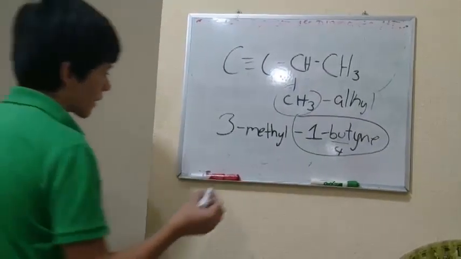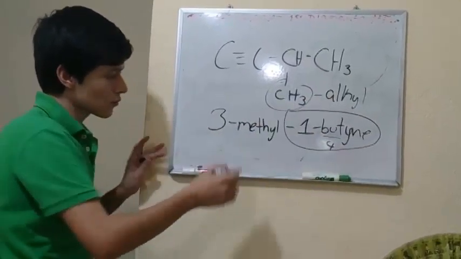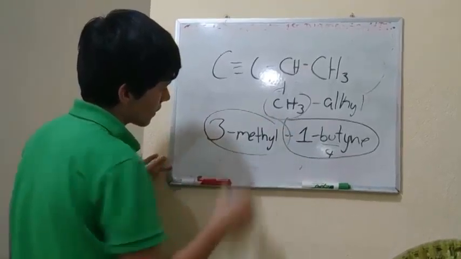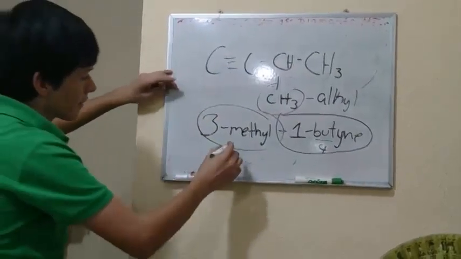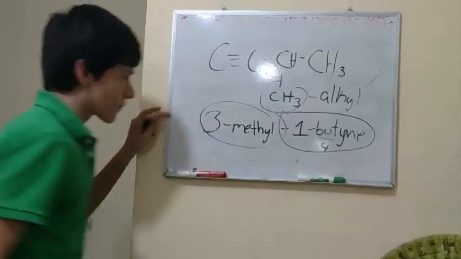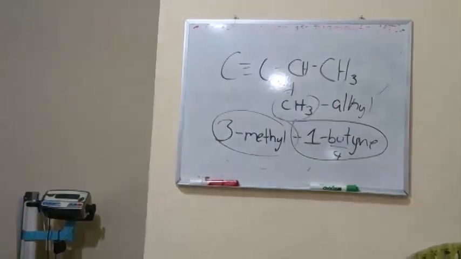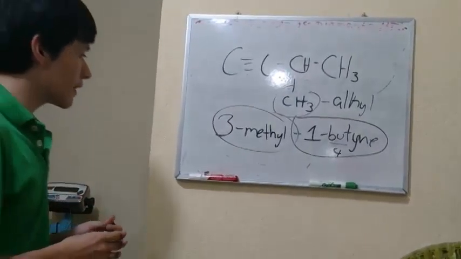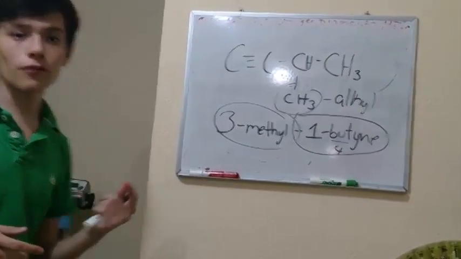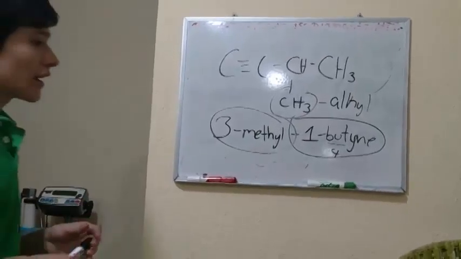So the derivations that are the alkyls will be in the second part of the entire name. Methyl. Why methyl? Methyl is when we have only 1 carbon in the alkyl group. For example, if we only have 1, it's methyl. If we have 2, it's ethyl, and so on.